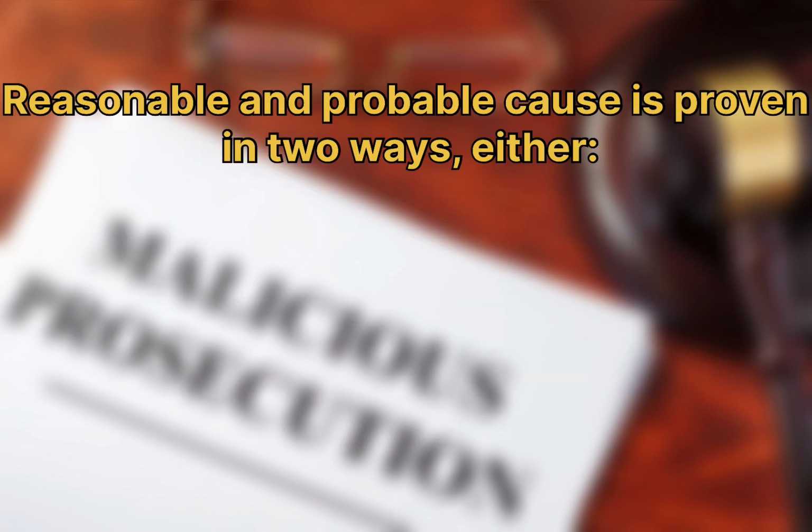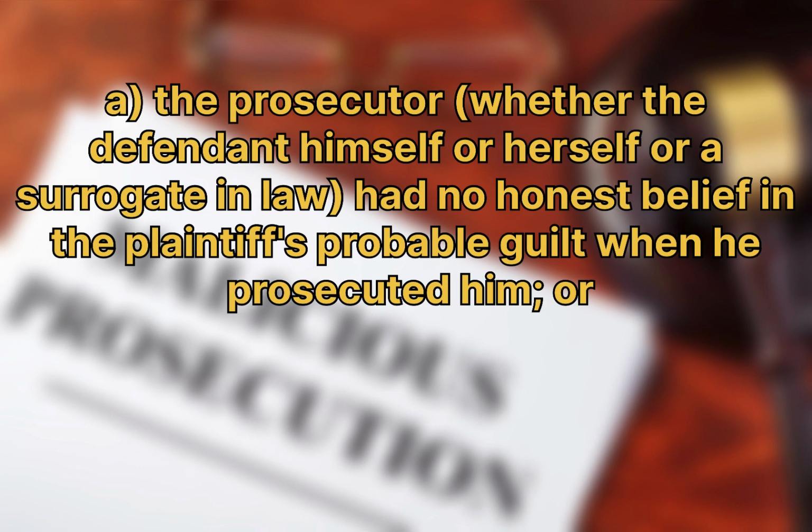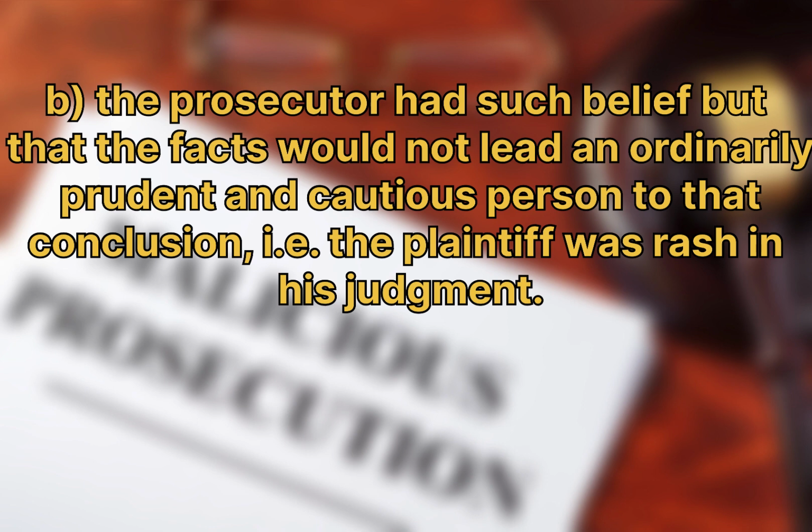Reasonable and probable cause is proven in two ways. Either A, the prosecutor, whether the defendant himself or herself or a surrogate in law, had no honest belief in the plaintiff's probable guilt when he prosecuted him, or B, the prosecutor had such belief that the facts would not lead an ordinarily prudent or cautious person to the conclusion.